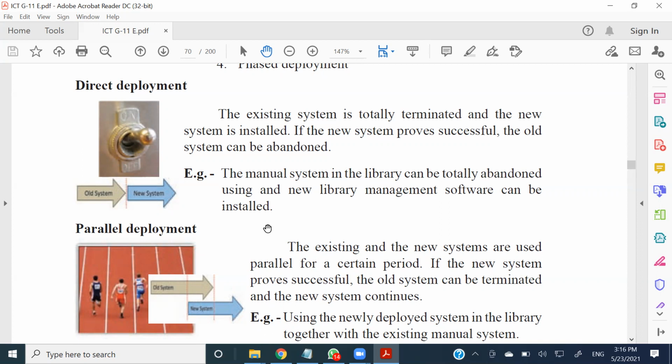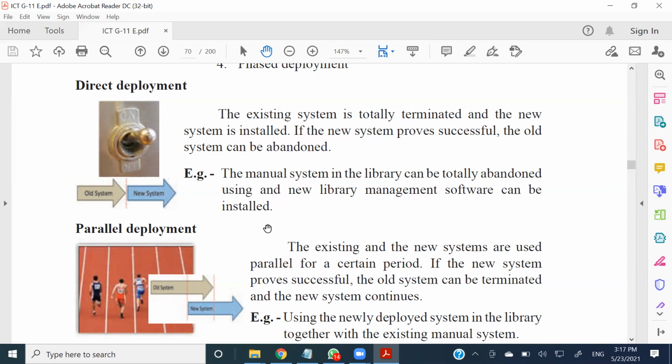Otherwise, it will be a huge information loss as well as it will cost you a lot in recovering that particular thing, right? So anyway, direct deployment says take out the old system and place the new system.